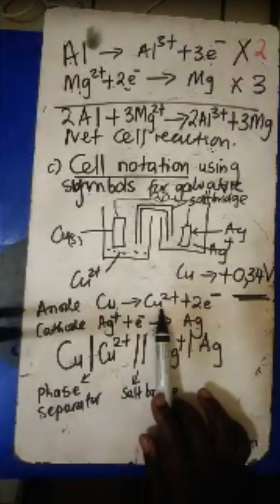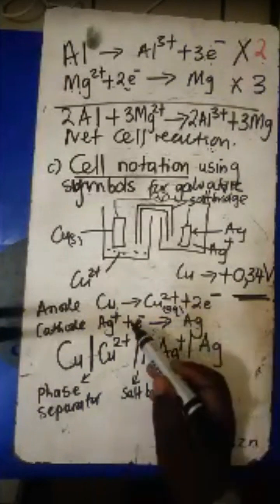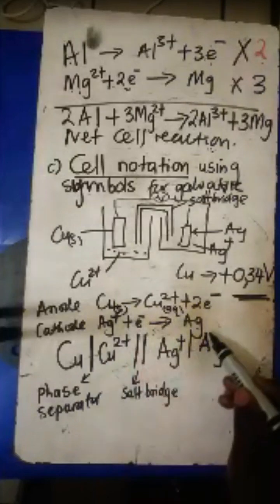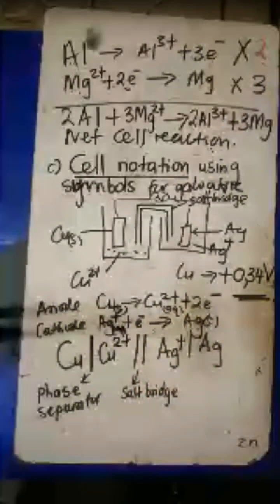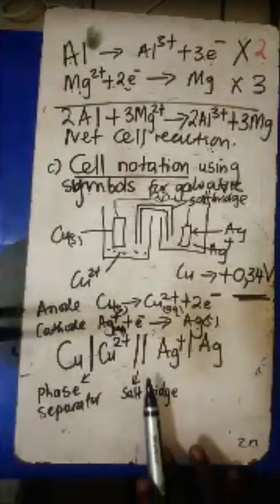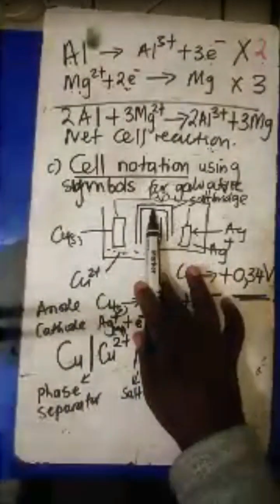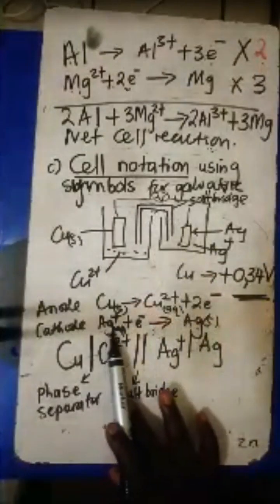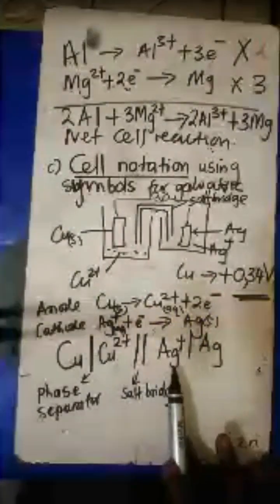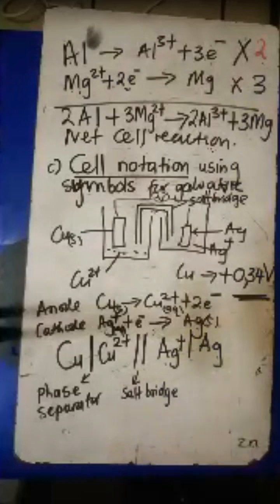Anything with a charge is an aqueous solution. Double lines like this mean a salt bridge. Then lastly, you do the cathode: Ag+, one line, Ag.